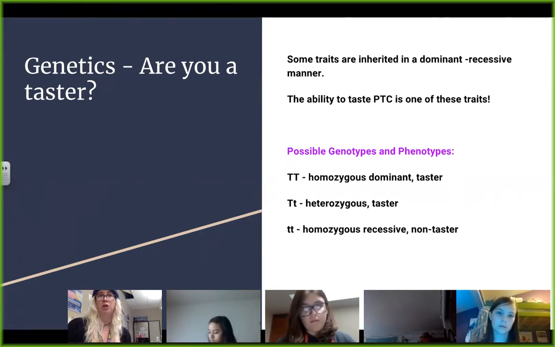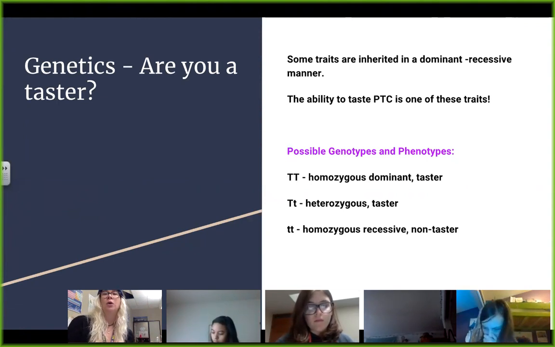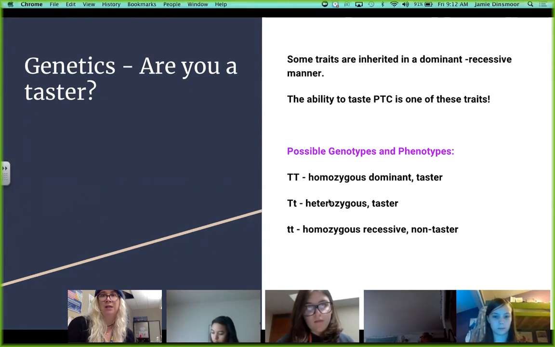That means you can have a bunch of different combinations, right? You could have a homozygous dominant combination, which is where you have two dominant traits. Homozygous means the same allele. You could have a heterozygous combination where you have a big T and a little t. I'm using T as an example.